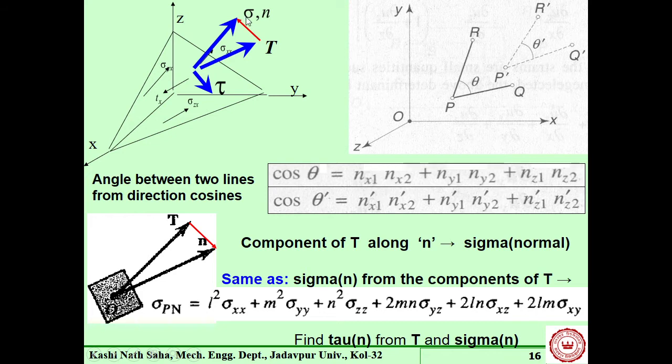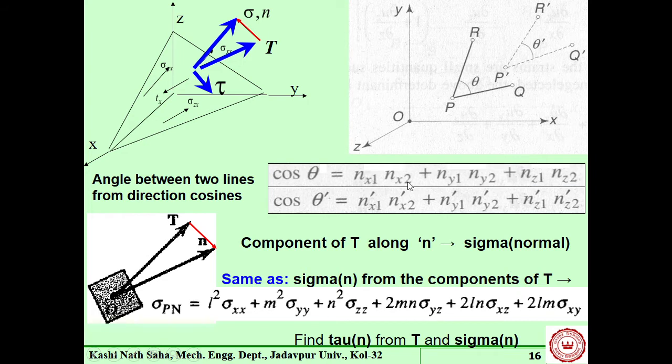For the outer normal, we also have direction cosines, which are known a priori. Now, from the direction cosines of two lines which are intersecting, passing through the same point, the angle between these two lines is given by this particular equation.